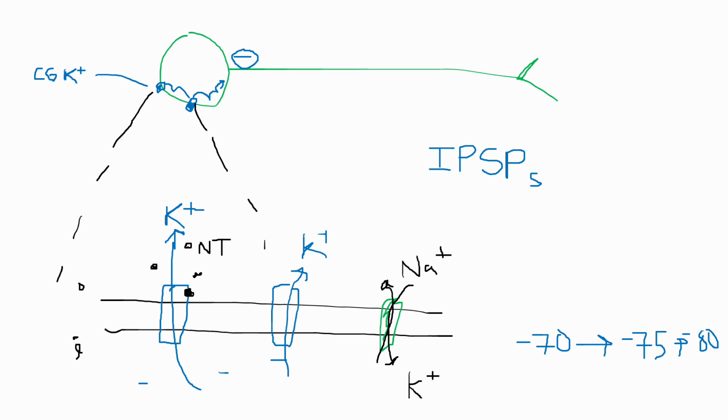Now, in reality, you are going to have both IPSPs and EPSPs. So if we add in our other drawing, let's say we have these chemically gated cation channels.